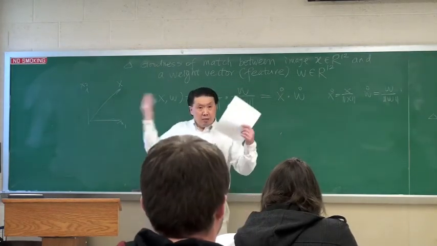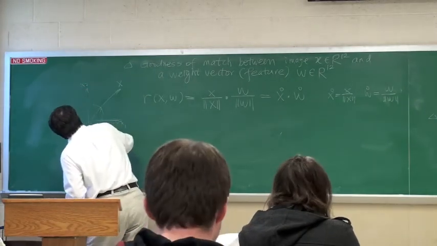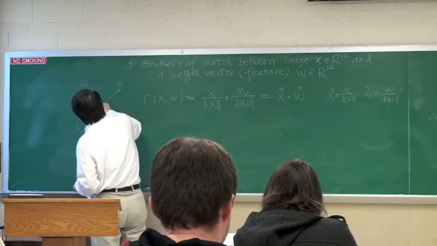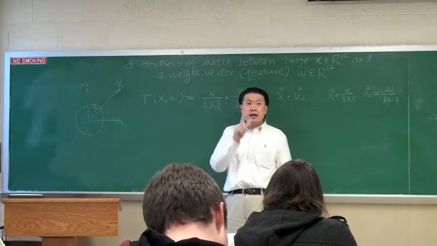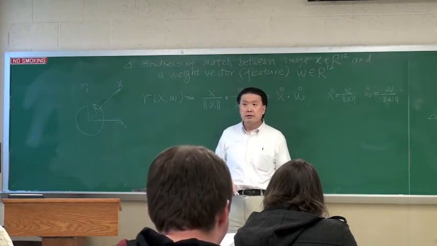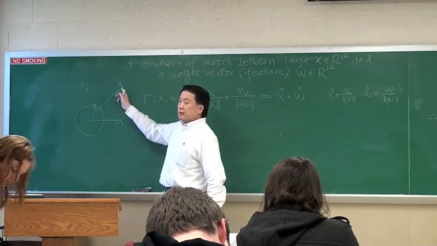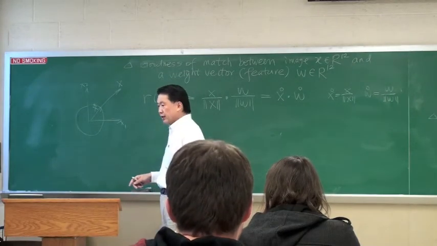We normalize it to become a unit vector, so we have a unit ball with radius 1. That one is x hat, and the x hat has unit length. It does not care how long the original vector is, only that it is a unit vector. Length is 1.